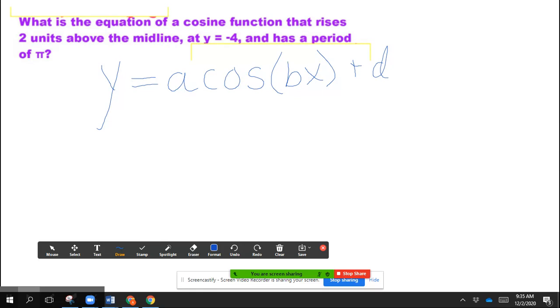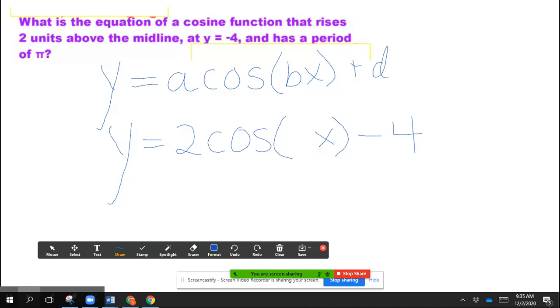Remember yesterday we talked about the amplitude being whatever you move from the midline to the maximum and the midline to the minimum. And so if it rises 2 units above the midline, then the amplitude is 2. y equals 2 cosine. I'm going to leave b empty for a minute. And I know that the midline is at -4, so I'm going to do -4 at the end.